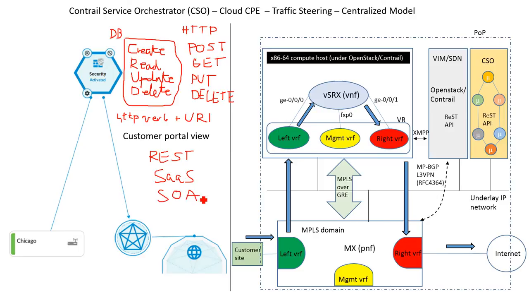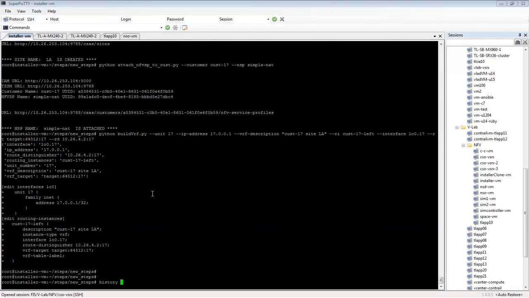So let us see actually how that works. For example, this is an HTTP verb, and this is a resource that is exposed.